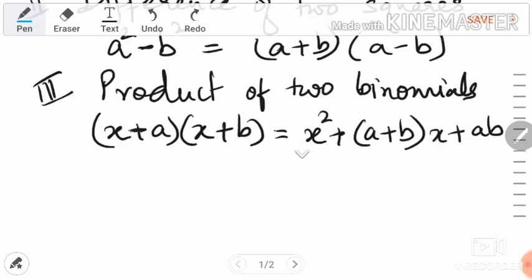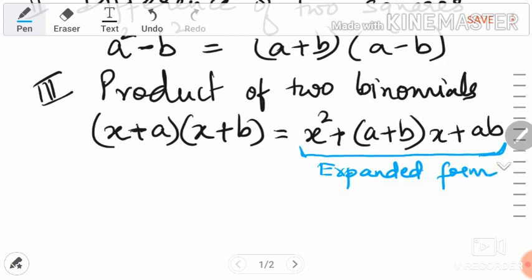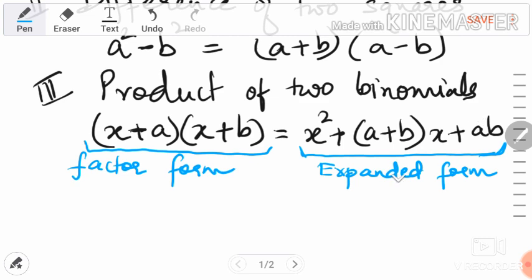The right side of the identity, that is x square plus a plus b times x plus ab, is the expanded form of the identity. And the left side, x plus a into x plus b, is the factor form. I'll denote the expanded form by EF and the factor form by FF.